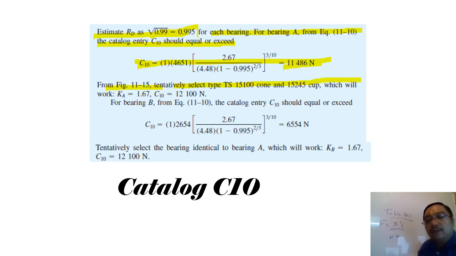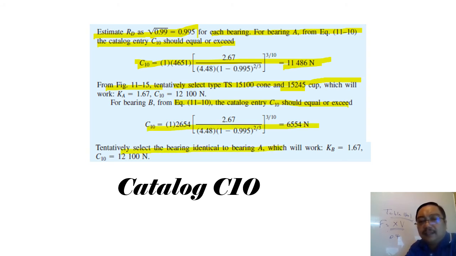You can select what is meant by TS cone, and this is the number of the cone. Then you can get all the values, the parameters and dimensions of the cone inside this catalog.